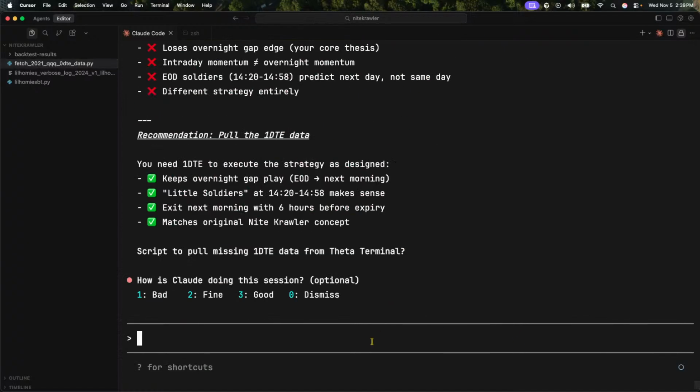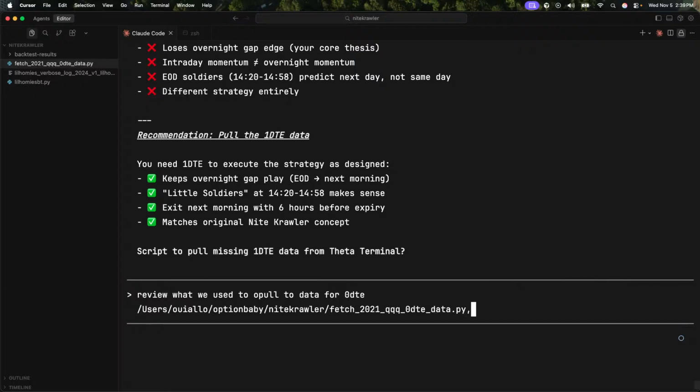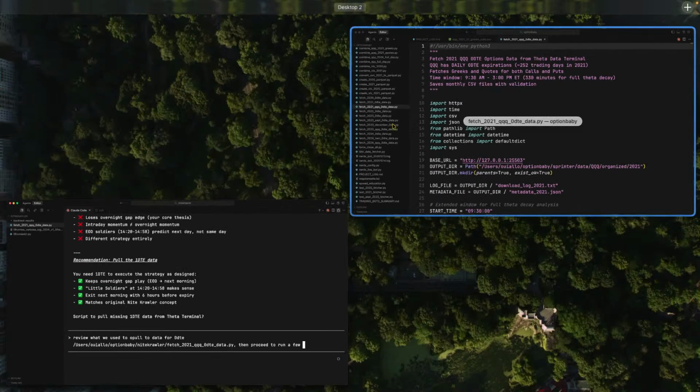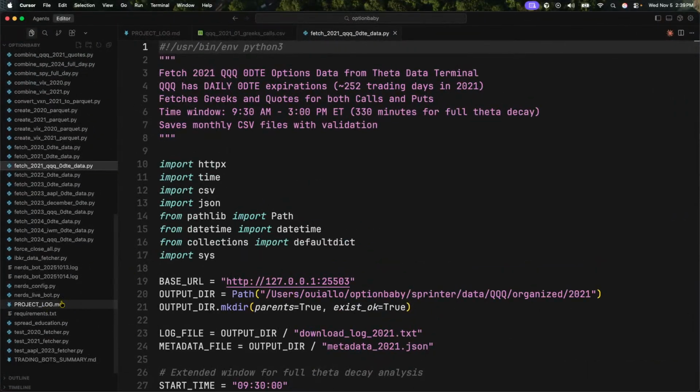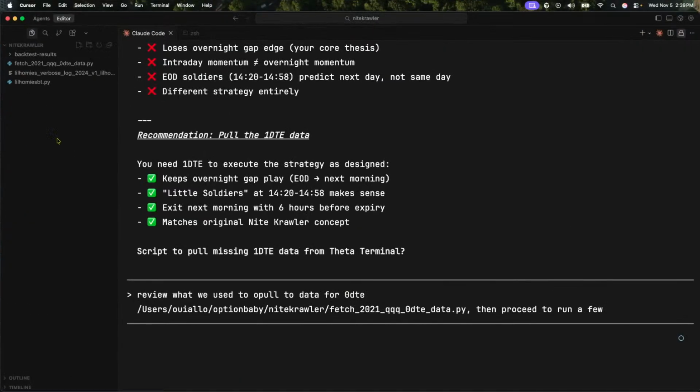Review what we use to pull the data from for 0 DTE. Then proceed to run a few. Damn. Let me just bring this over again real quick. I know I deleted it, but whatever.